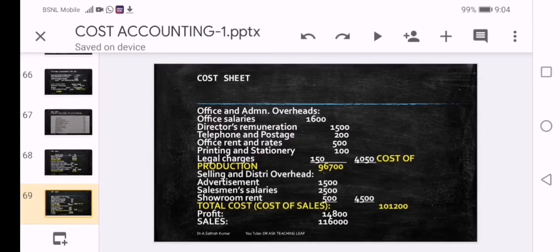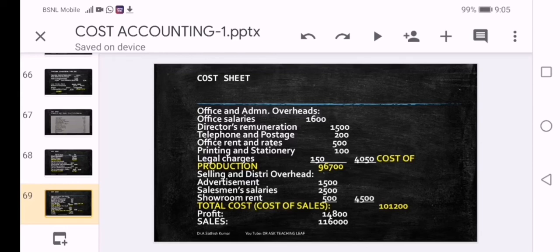Now go to the next overhead called office and administrative overhead. Office salary 1,600, director's remuneration 1,500, telephone and postage 200, office rent and rates 500, printing and stationery 100, legal charges 150. Take the total of all this, which is equal to 4,050, which is office overhead.